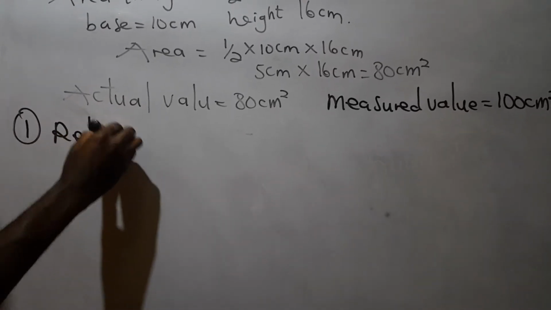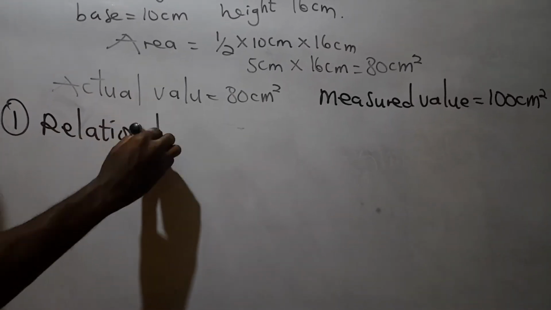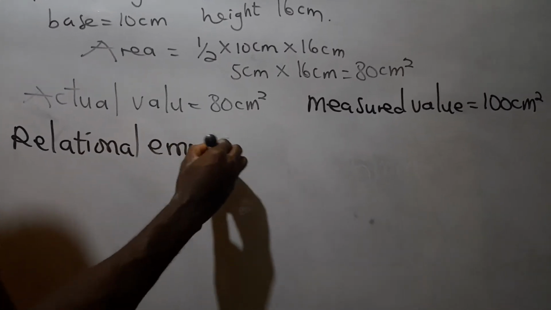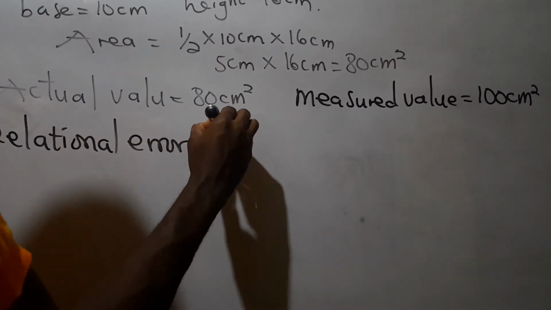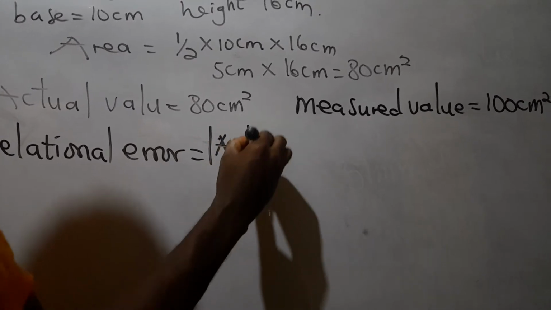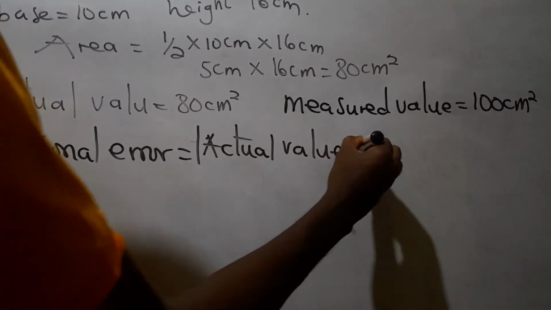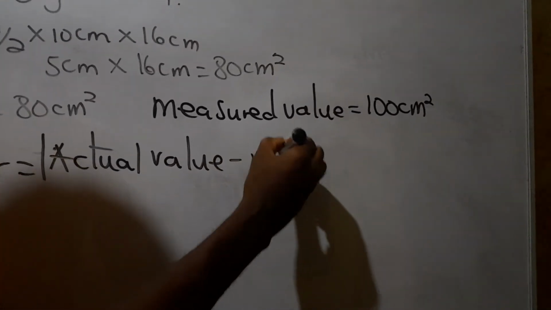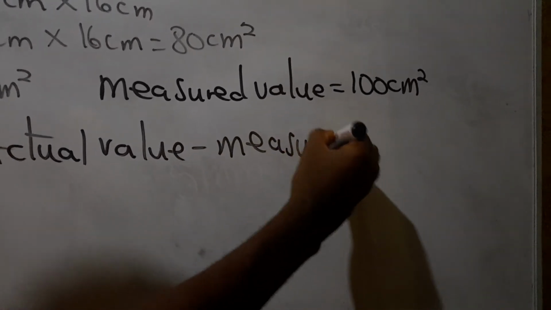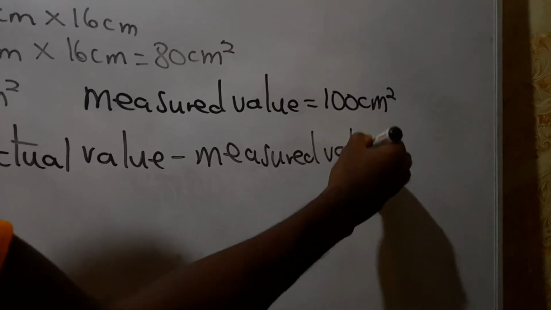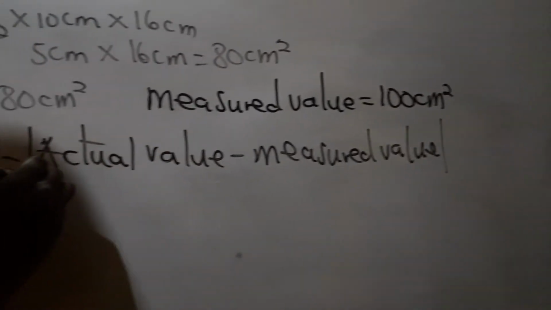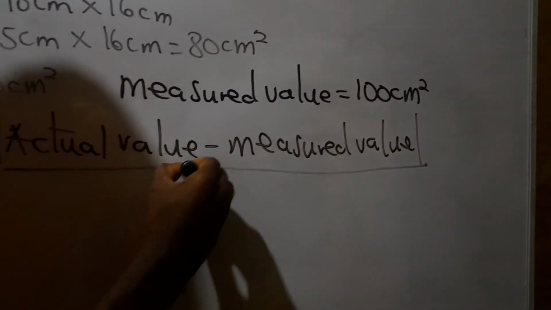So remember the relational error is equal to the absolute value of the actual value minus the measured value, all over the actual value.